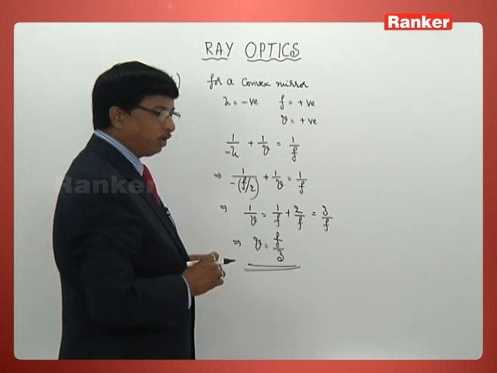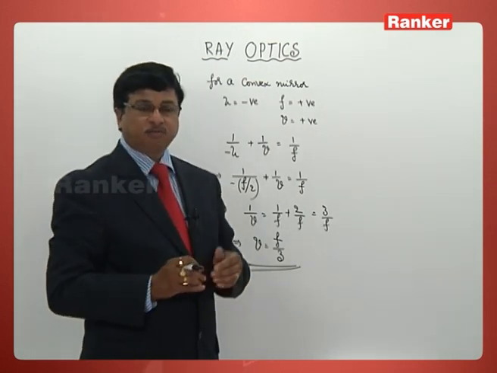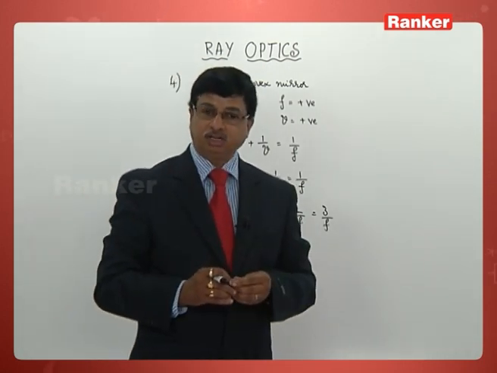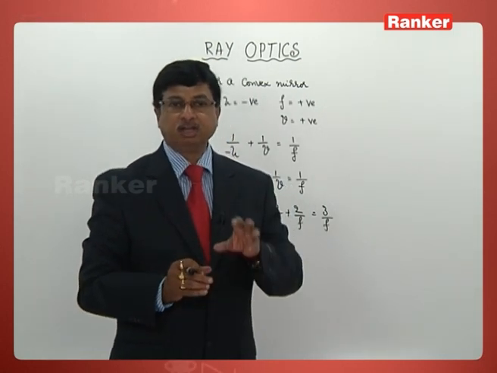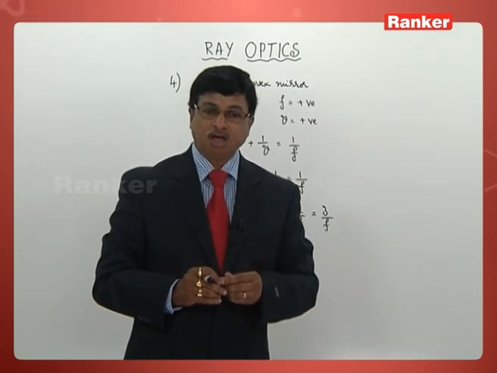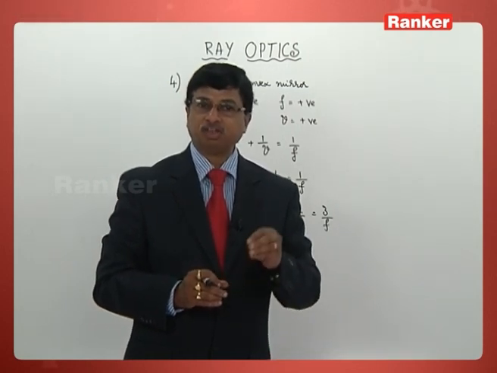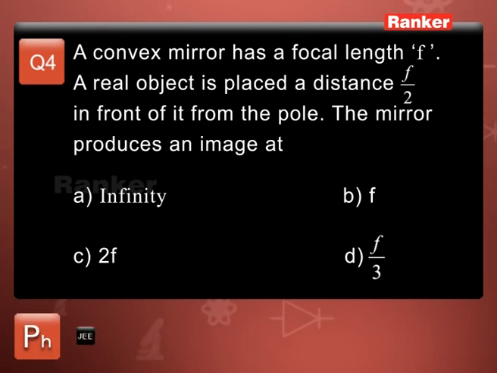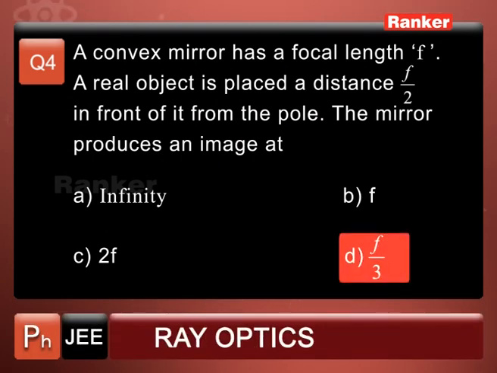So if you just look at those options given, the first option again is given as infinity. Second option is given as f. Third option is given as 2f. And the fourth option is given as f by 3. So what is the correct option now? It should be f by 3, means the correct option must be the fourth one, that is D in this particular case.